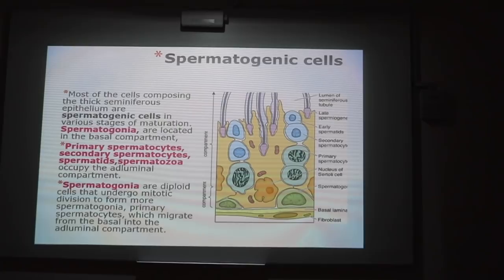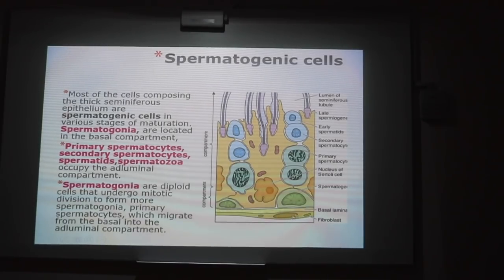In humans there are 4.5 stages of development, and each stage requires 16 days. So it would require about 84 days to reach the final mature stage of the sperm. And so if you are using a drug to induce spermatogenesis, to see the result, it would require about 84 days.